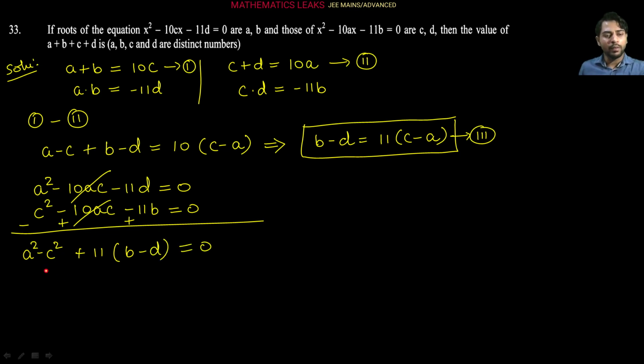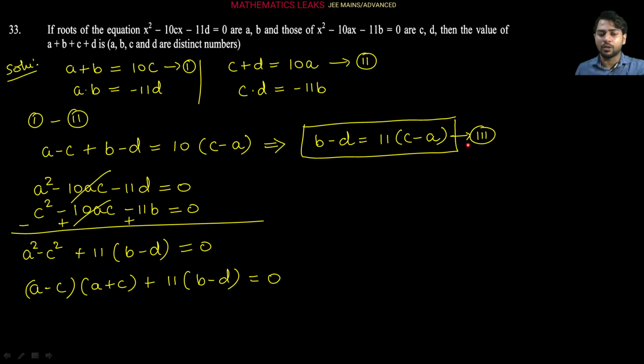So this can be further simplified as a minus c into a plus c, which is a squared minus c squared, plus 11 times b minus d, equal to 0. So from before, the value of b minus d is 11 times c minus a. From the third equation we put b minus d as 11 times c minus a.